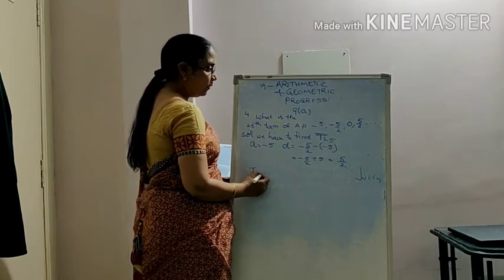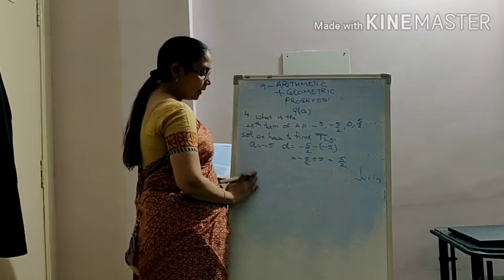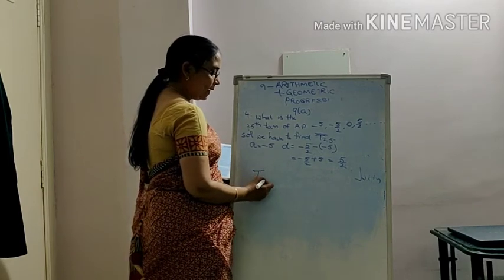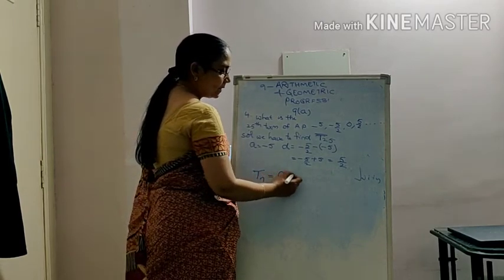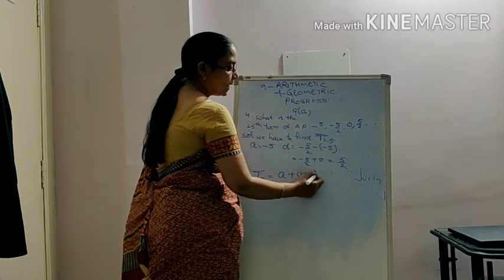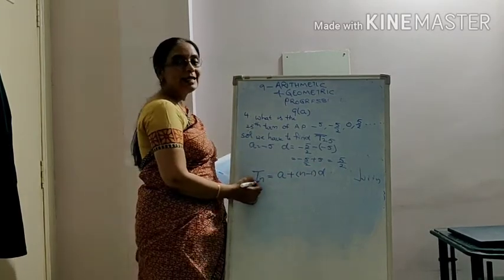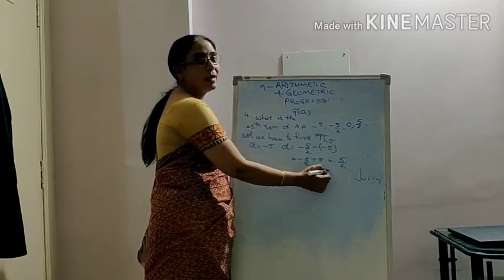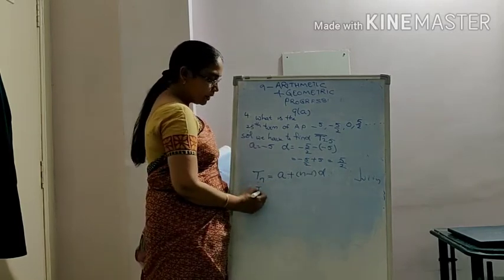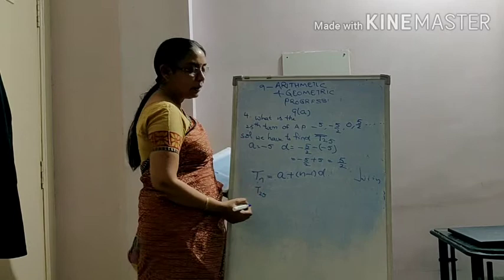That is T25. Any general term can be found out by the formula Tn is equal to A plus n minus 1 into D. So substitute wherever n is there, put 25.